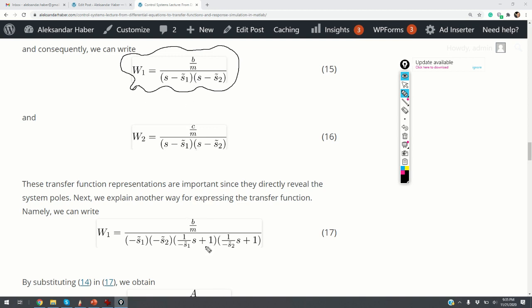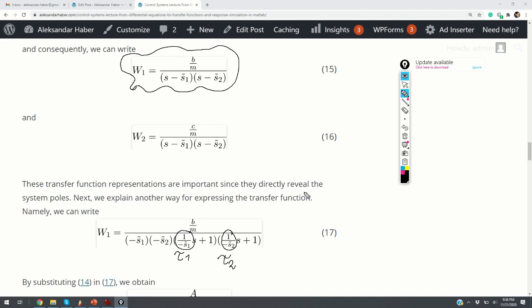If we take out from the first bracket minus s1 tilde, inside of the bracket we will have 1 over minus s1 tilde times s plus 1. Similarly, if we take out of the second expression minus s2 tilde, inside we will have 1 over minus s2 tilde times s plus 1. Now you can immediately see that this term is tau 1 and that this term is tau 2.